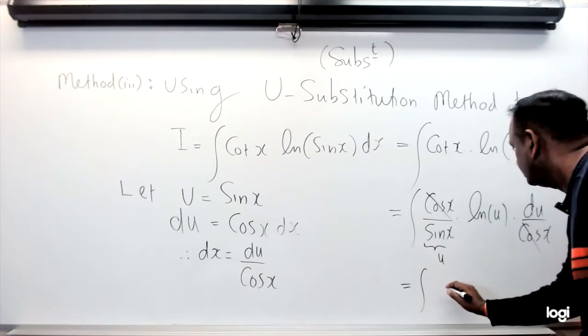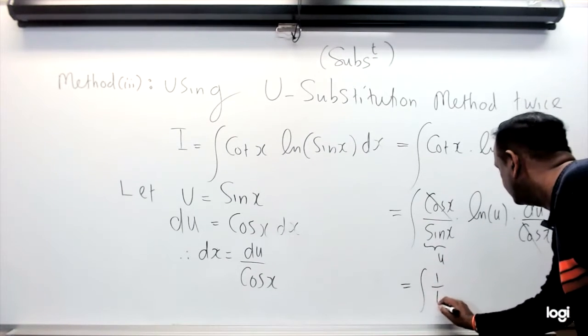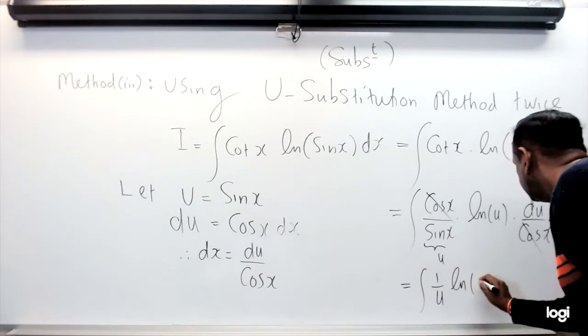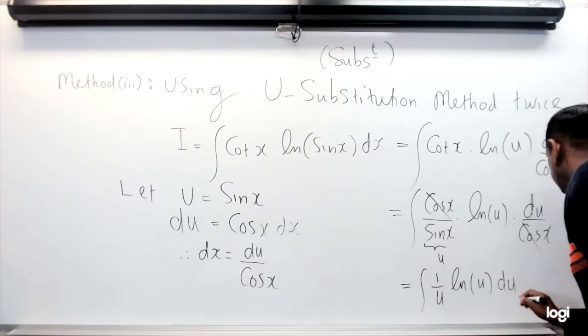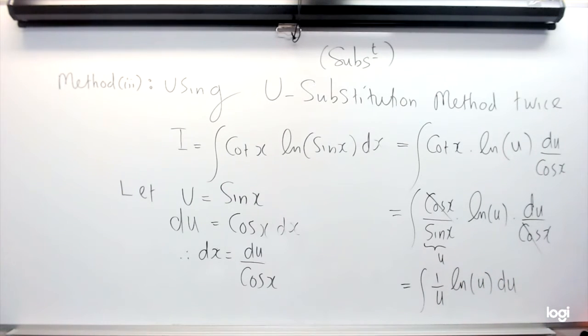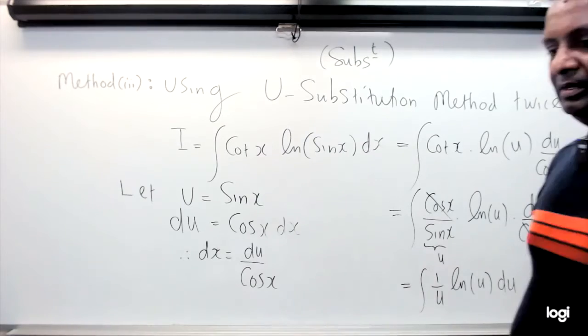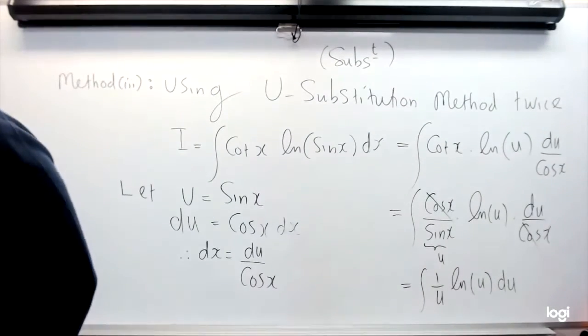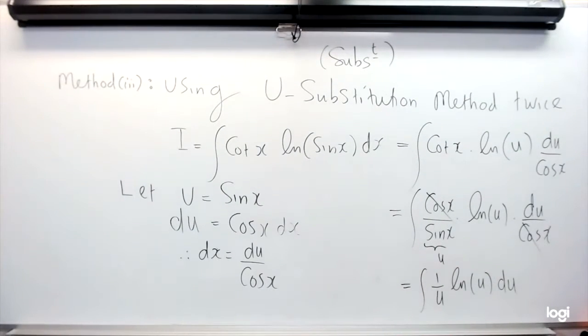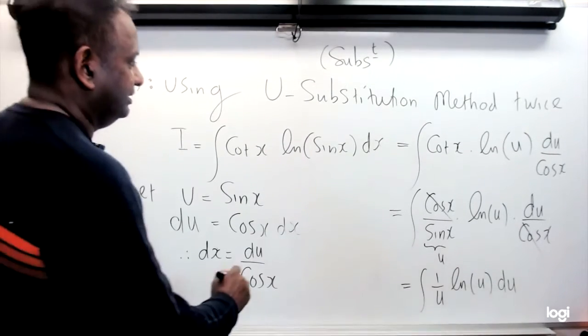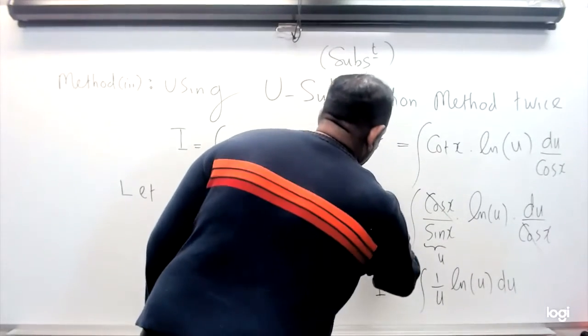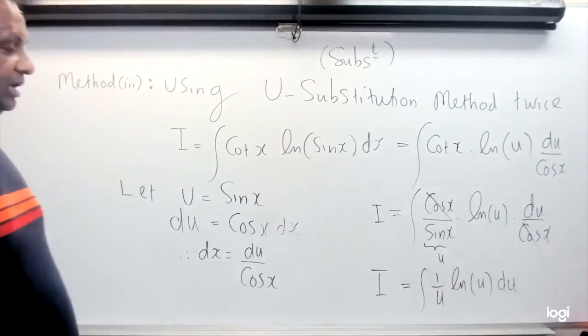Then you're going to end up with 1 over u ln u du. This is your I. Now we're not done yet.